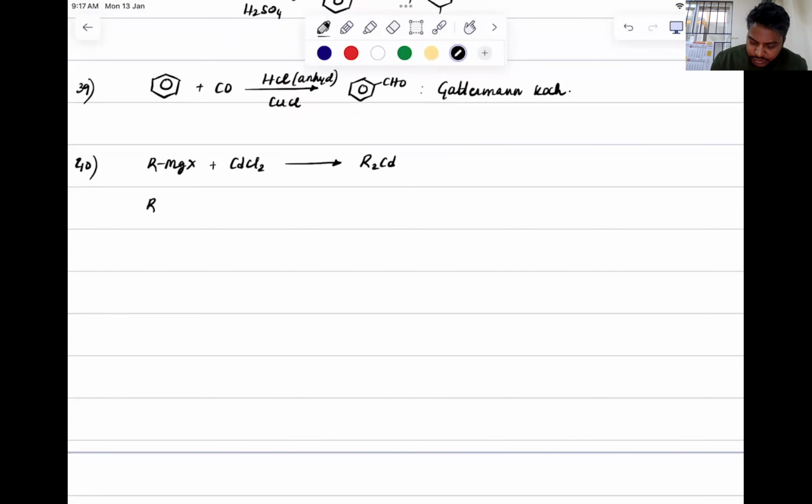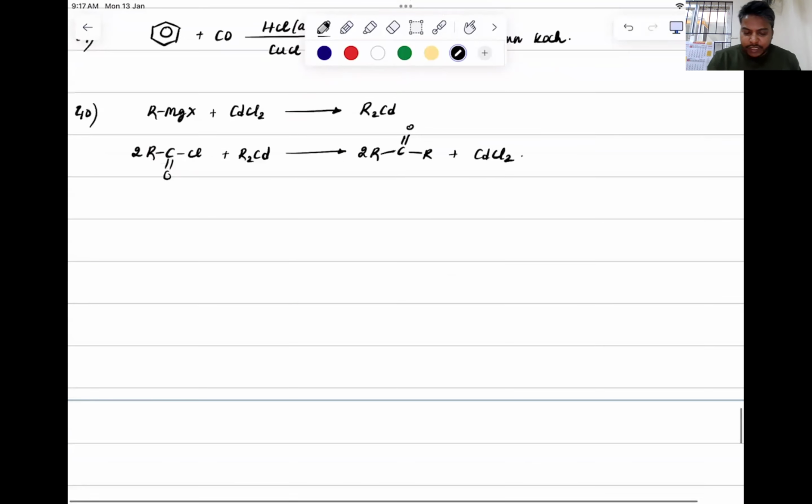And this is the question that is mentioned in NCERT, that if you have acid chlorides and you treat that with R2Cd, then what we shall get? This chlorine will be released from here. Taking 2 moles of it, we'll get 2 moles of R C double bond O R plus CdCl2. Okay, this is what you will get. So remember this as the reaction.